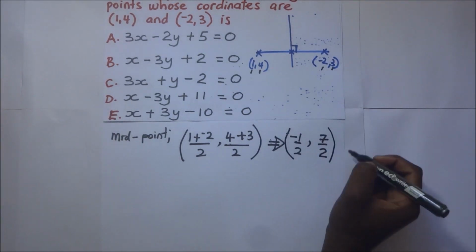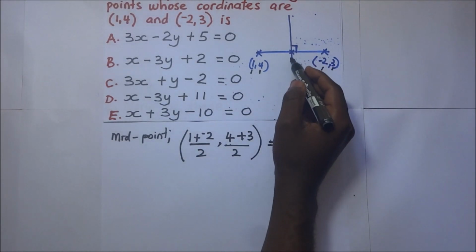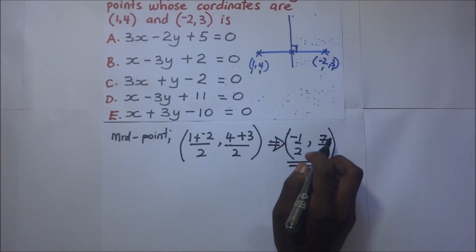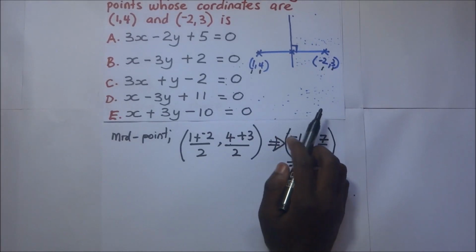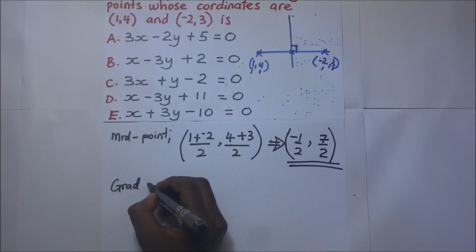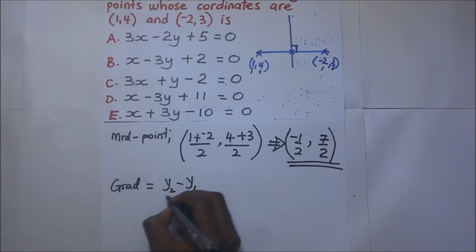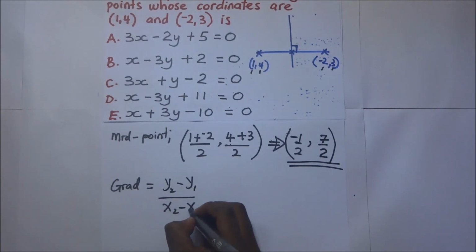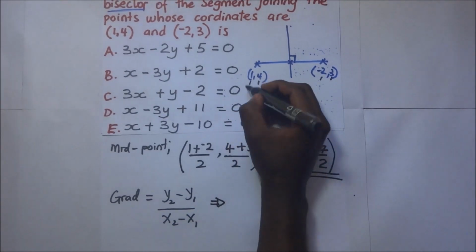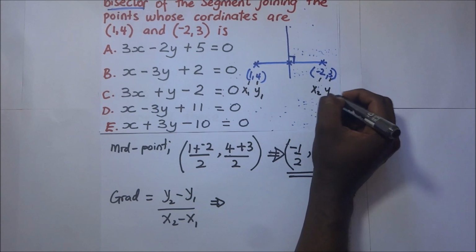This is the midpoint, and so meaning that as far as the perpendicular bisector is concerned, the perpendicular bisector is going through this point. So let's go ahead and find the gradient of this line. So to find the gradient of that line is going to be equal to y2 minus y1 over x2 minus x1. Let's call this x1, y1, this is x2, y2.